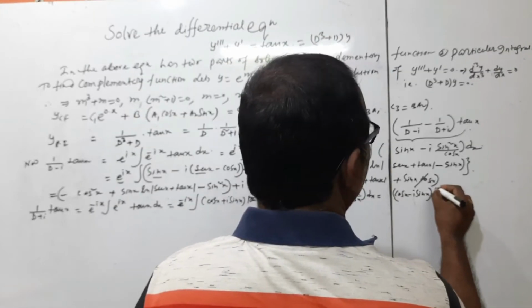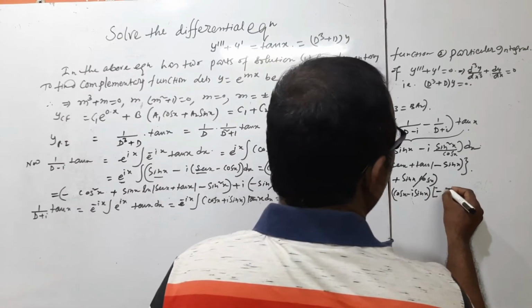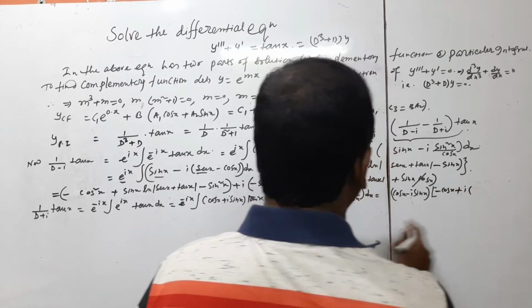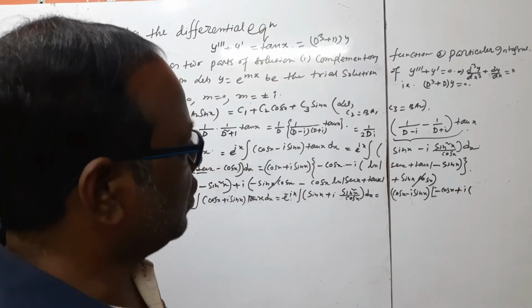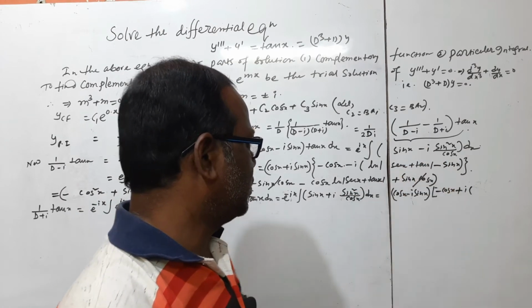If we integrate, so integration of this is here minus cos x and plus this is 1 minus cos, like that. Okay, we want to get the total solution within the bracket.